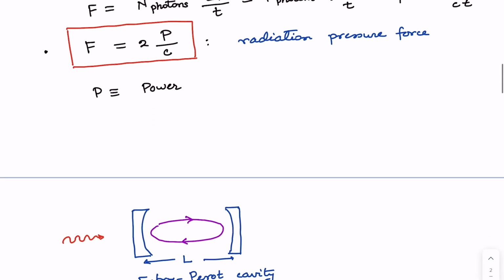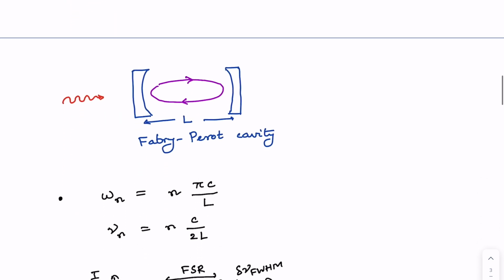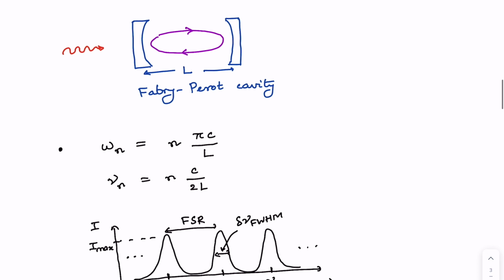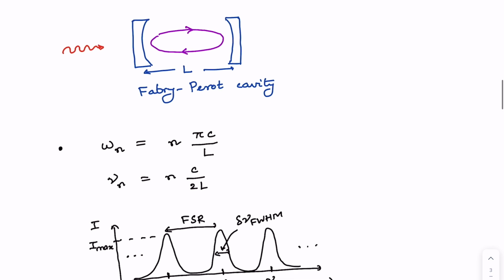Okay, and we also mentioned some important facts about the Fabry-Perot cavity. In a Fabry-Perot cavity, both the mirrors are fixed and they are separated by distance L. Radiation can enter the cavity provided it satisfies the cavity resonance condition. Not all frequencies can enter the cavity.